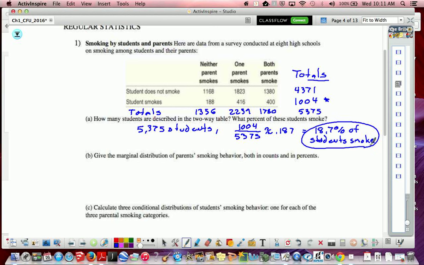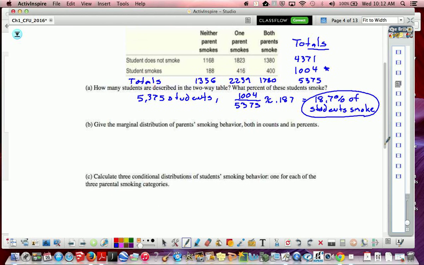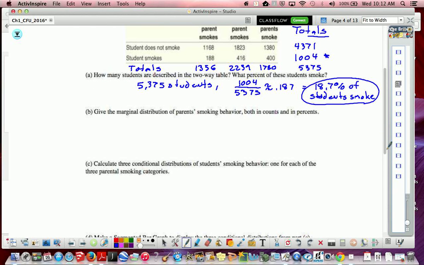All right. So part B says, give the marginal distribution of parents' smoking behavior, both as counts and as percents. So what I need to do is give the marginal distributions as counts and percents. Let me switch colors here for a second.